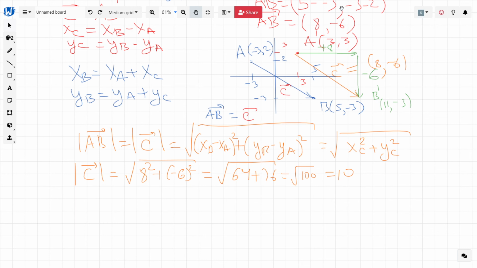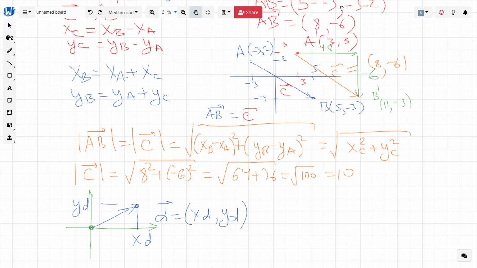If I take a coordinate system, this is my coordinate system, and I put the beginning of the vector at the origin. If I draw my vector this way, and let's call it vector D, with coordinates xd, yd, then the coordinates of the end of the vector are going to be xd, yd.